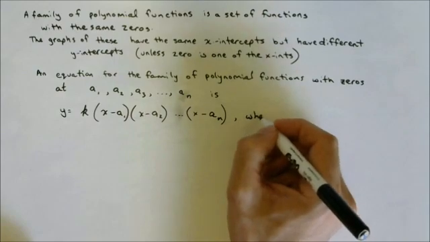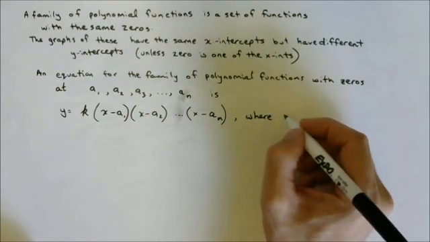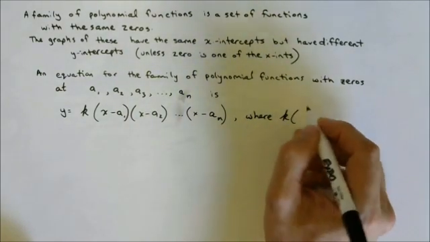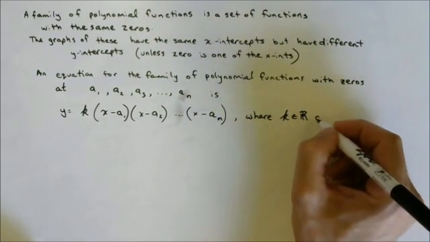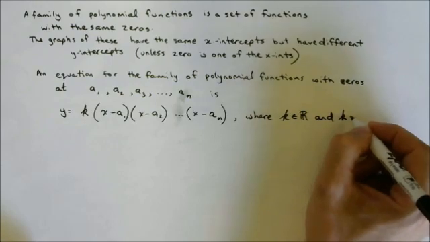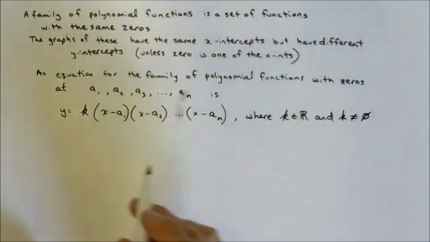And what has to be true of this is that k belongs to the set of real numbers and k cannot equal 0.